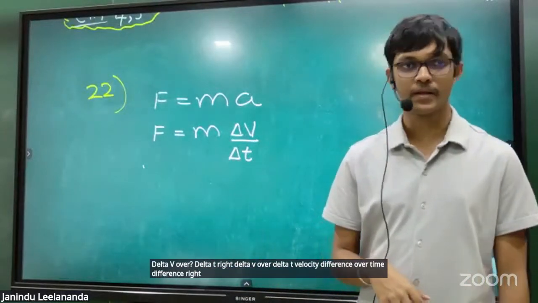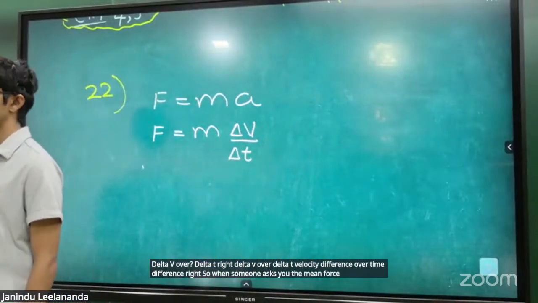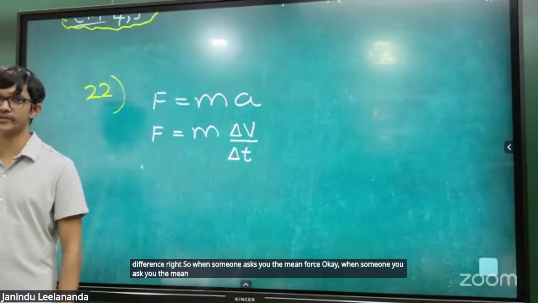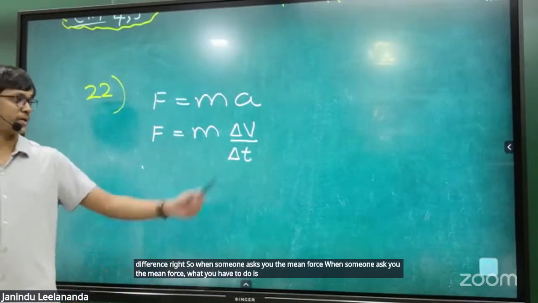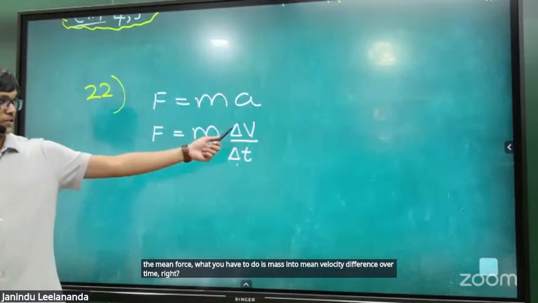Clear? So when someone asks you for the mean force, what you have to do is mass into mean velocity difference over time, right? Mass into velocity difference over time.